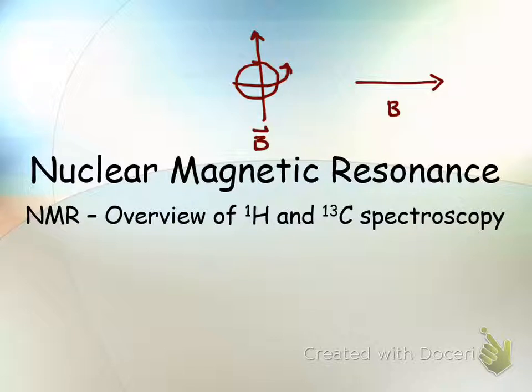But deuterium, the atom, what is deuterium? It's hydrogen with a neutron, right? That doesn't have a magnetic moment. So hydrogen has a magnetic moment, deuterium doesn't.